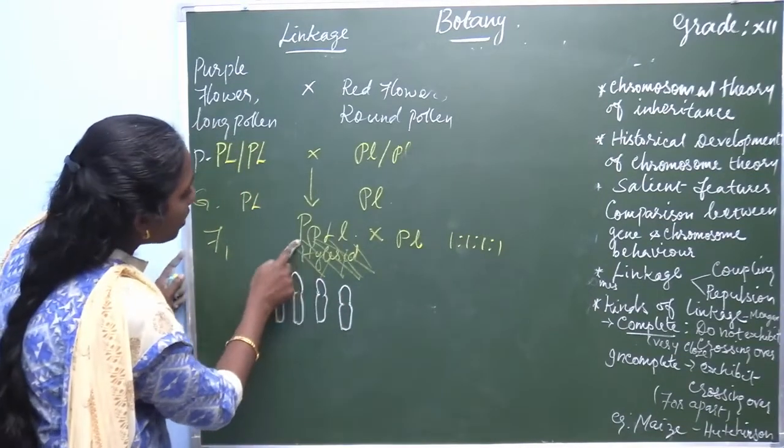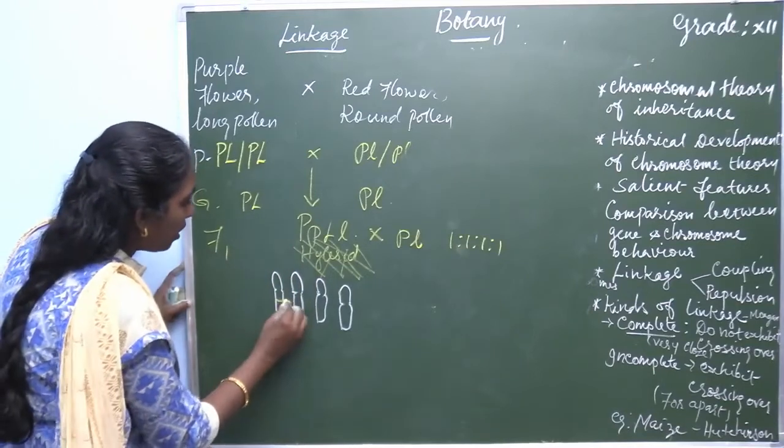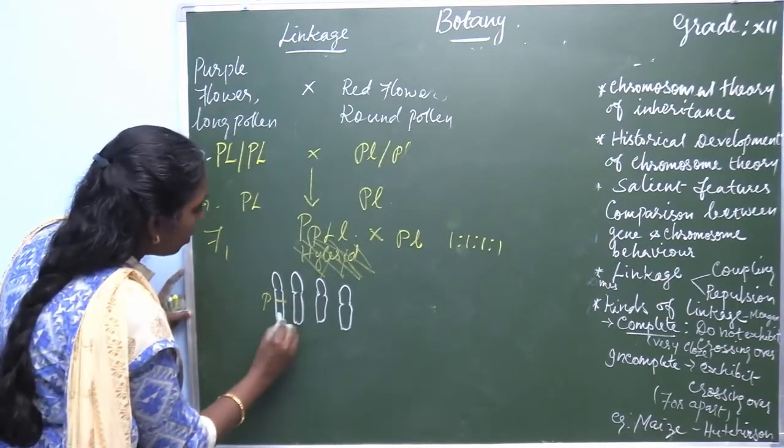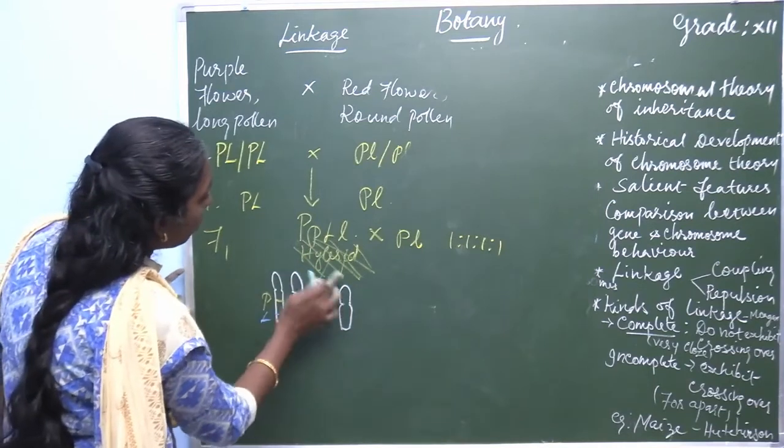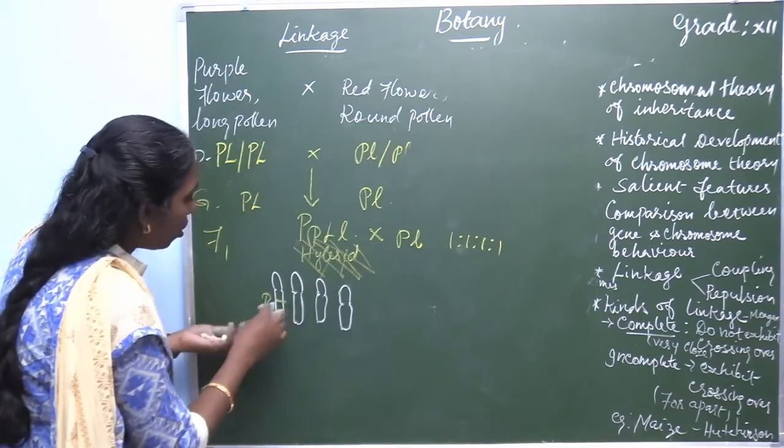So here it gives capital P, capital L. The next one, capital P, small l.